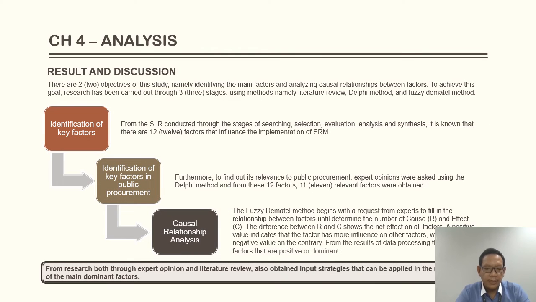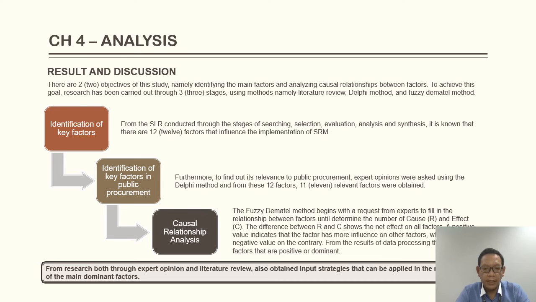From the data processing that has been done, it can be summarized from the research objectives, which are the identification of the main factors and the analysis of causal relationships. The research was carried out in 3 stages. First, we identified the main factors from various sectors and geographical locations, known as 12 factors.